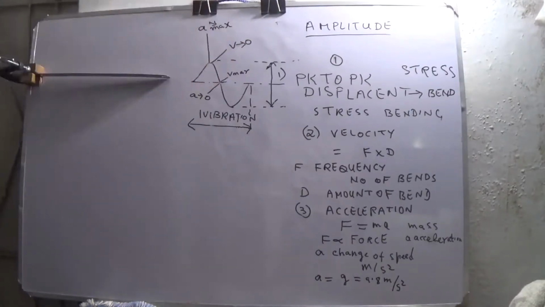This is an example of force acting on a person when the speed of the car changes very fast, with more acceleration or more deceleration. Deceleration means your speed is decreasing, and that is acceleration in the negative direction. Acceleration is measured for high-speed machine parts like gears and bearings.